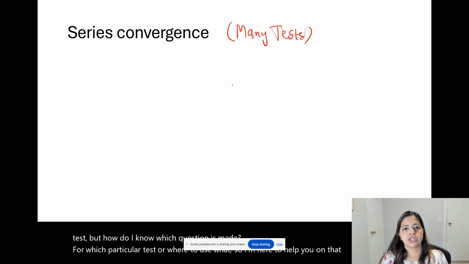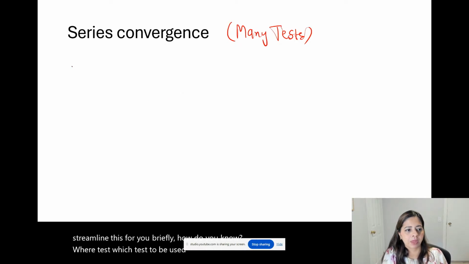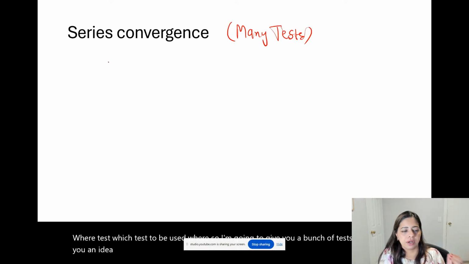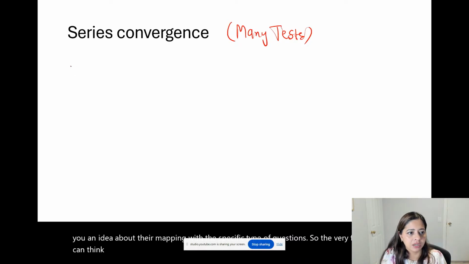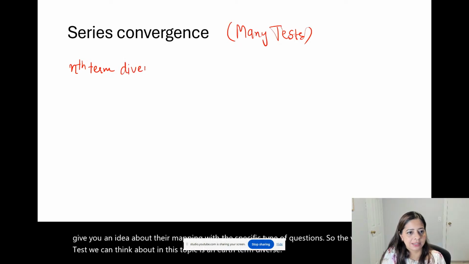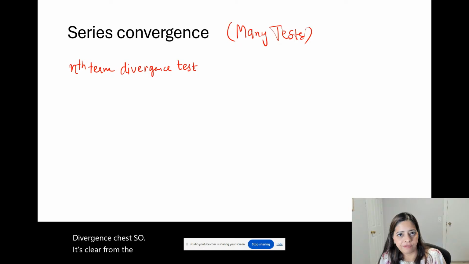Just to streamline this for you briefly, how do you know which test to be used where? So I'm going to give you a bunch of tests and give you an idea about their mapping with the specific type of questions. So the very first test we can think about in this topic is the nth term divergence test. It's clear from the name that it is a divergence test.